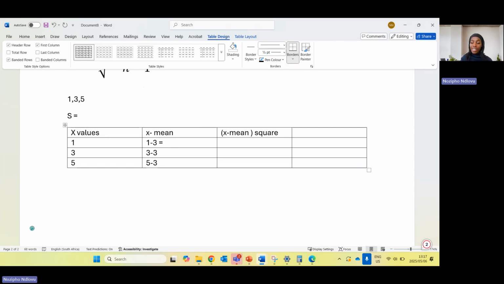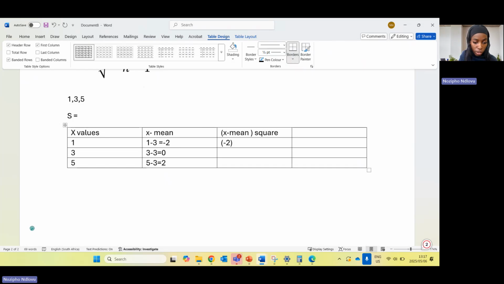What is 1 minus 3? It's minus 2. Then 3 minus 3 is 0. 5 minus 3, it is 2. So here, what are we going to do? We take the value that we got from the previous column, which is negative 2. We ensure that we put brackets to make sure that when we square that number, everything is taken into effect. So we square that.